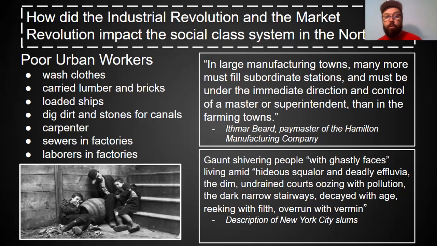So the number of people who are coming to work in the factories, work for somebody else, be told what to do by somebody else, that we alluded to earlier in the lecture, this idea that you're losing some sense of autonomy, you're losing some sense of the Republican ideals of America at that time, which is that every man should control his own destiny to a certain degree. That's being lost, at least economically, as more and more people are going to work in factories, right?